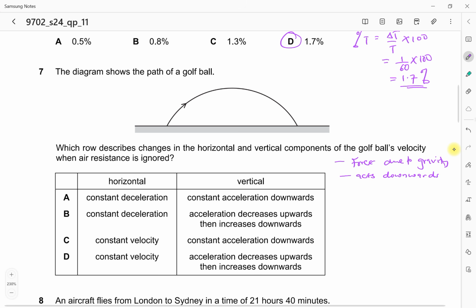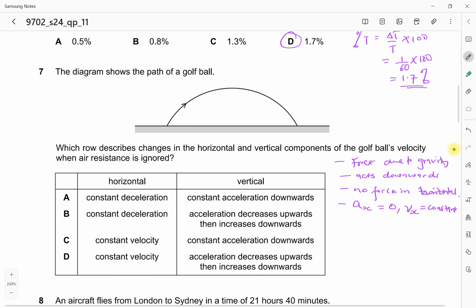So there is no force in the horizontal, and if there is no force in the horizontal, it means acceleration in the x is equal to 0. So velocity in the horizontal remains constant throughout.